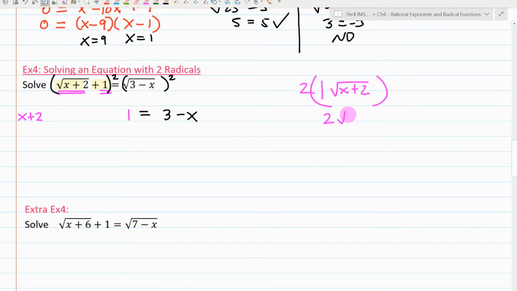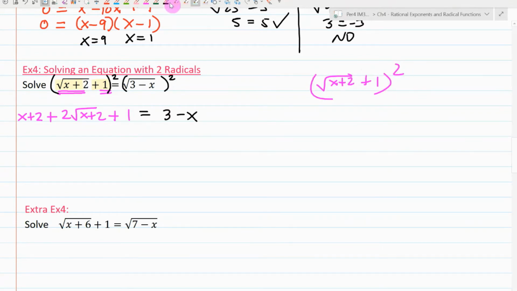So then we have plus 2 square roots of x plus 2. Okay, so again, this is the square root of x plus 2 plus 1 squared. You square the first term, that's a squared. You square the last term, and then the middle term are these two multiplied together times 2.